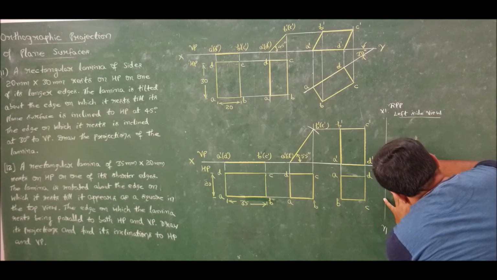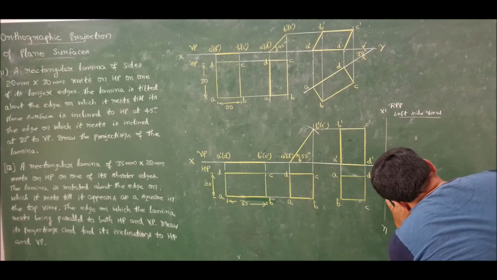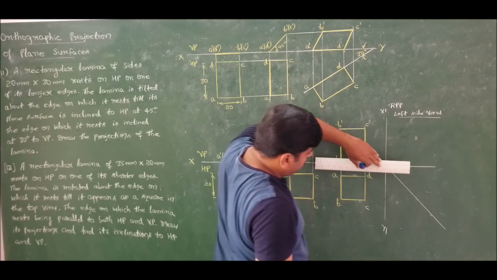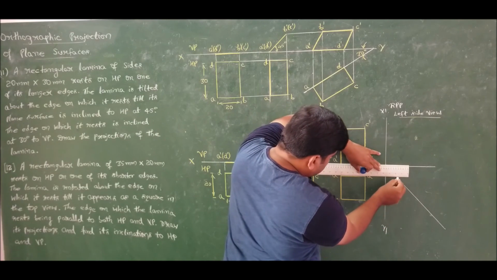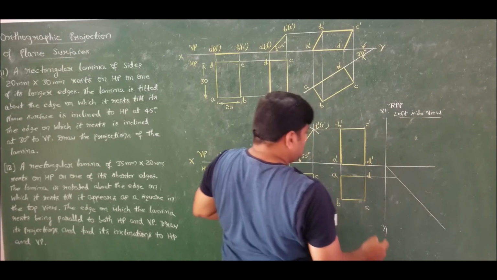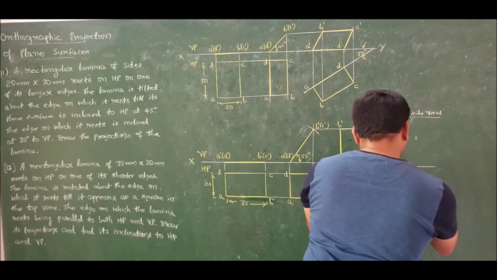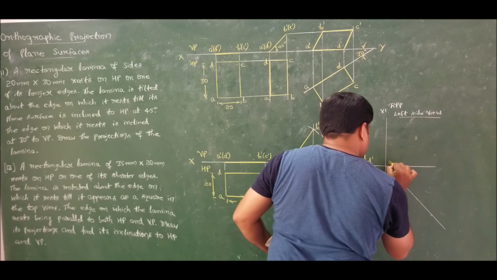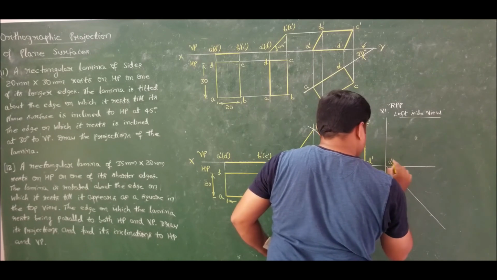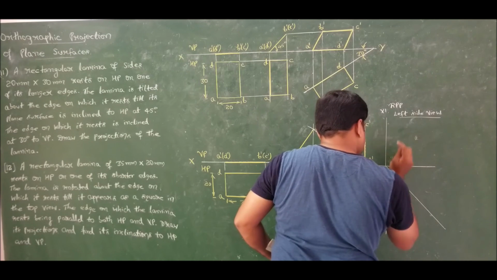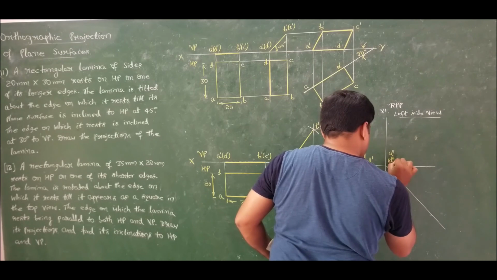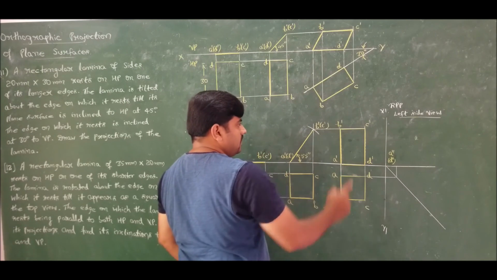This you people already learnt in our first module itself, that is orthographic projection of points. We have solved problems on side view. In orthographic projection of straight lines also I have solved problems on side view. Now take the projection, intersect this. So AD is here itself, so here I will get A double dash D double dash, that is A double dash is visible, D double dash is invisible in the side view.